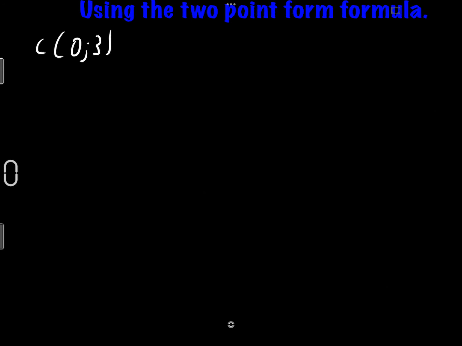That's the coordinate at that point. And then at point D, the coordinates are x equal to 3 and y is simply 0.